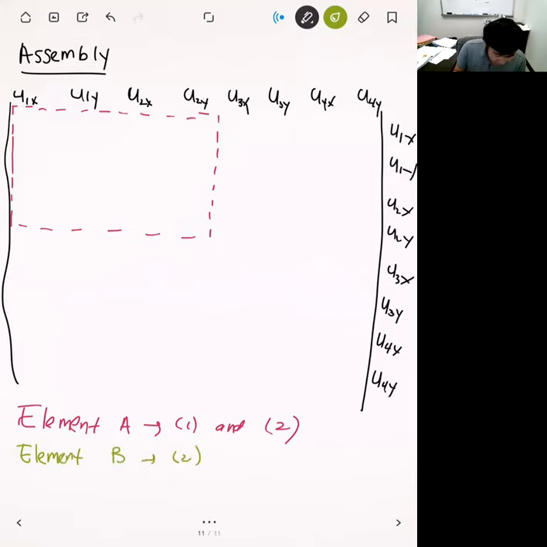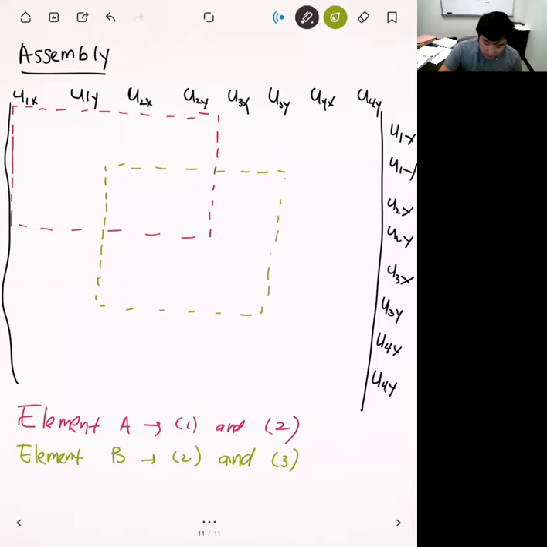All right, so element B is taking care of nodes 2 and 3. Okay, so let's go ahead and highlight all of those. Okay. And so, we can see that we have a little bit of overlap right there.